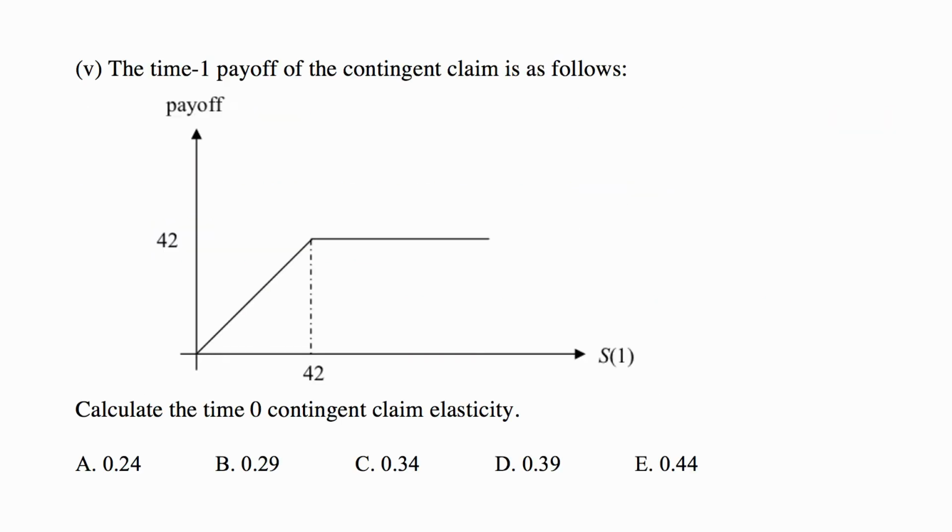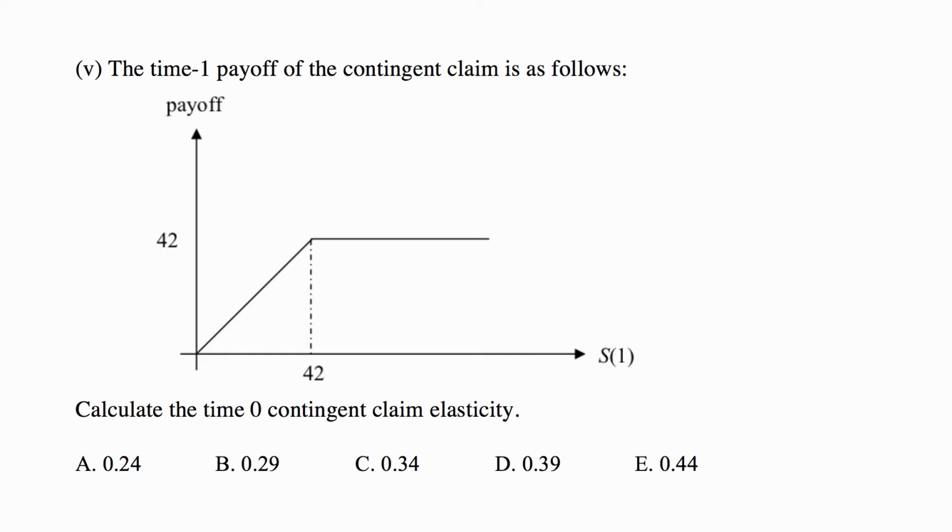And you're looking at a contingent claim, some kind of derivative security, for which the payoff at time 1 is given by this graph. So take a look at it and think about what it means.